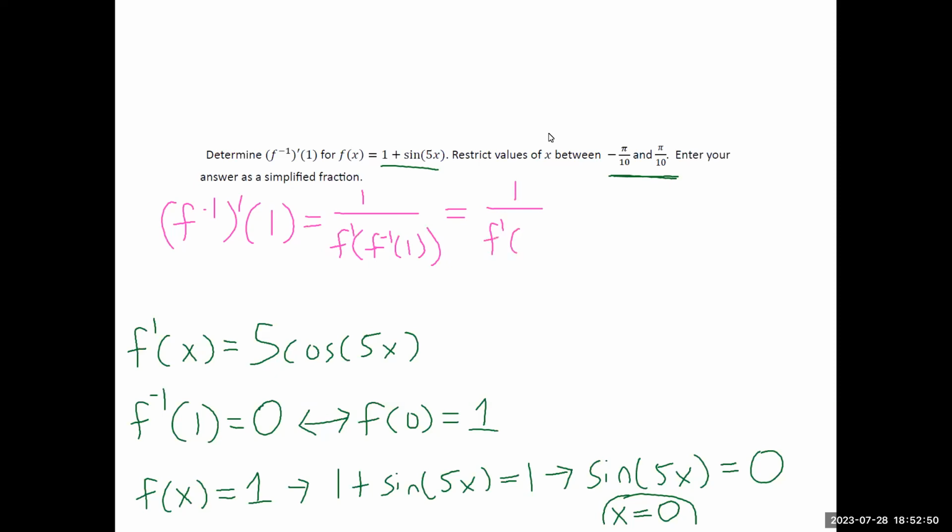So 1 over f prime of 0. And f prime of 0 we calculated as 5 cosine of 5x. So 5 times cosine of 5 times 0, which will just be cosine of 0. Now, cosine of 0 is equal to 1, so when all is said and done, f inverse prime of 1 is equal to 1/5.